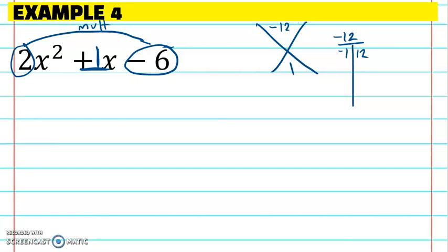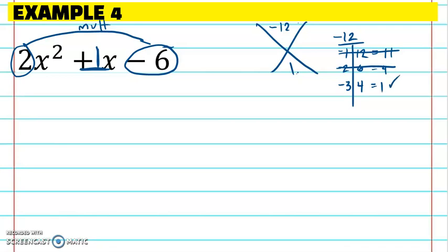So negative 1 times 12 is negative 12. When I add negative 1 and 12, that's 11. Okay, so not what I want. Negative 2 times 6 is negative 12. Negative 2 plus 6 is 4. No, I'm going for 1. Remember, 1's my target sum. Okay, negative 3 times 4, that's negative 12. Negative 3 plus 4 is 1.